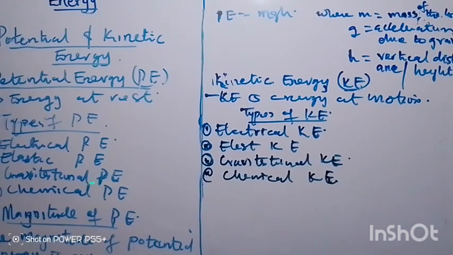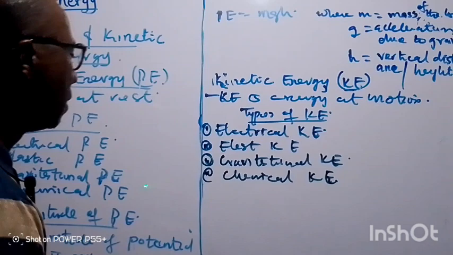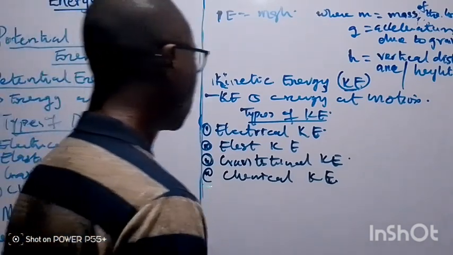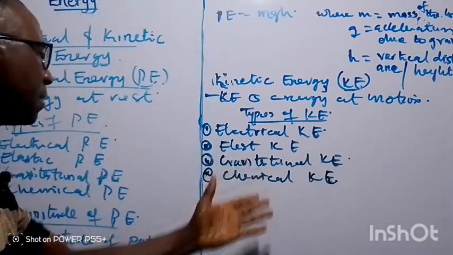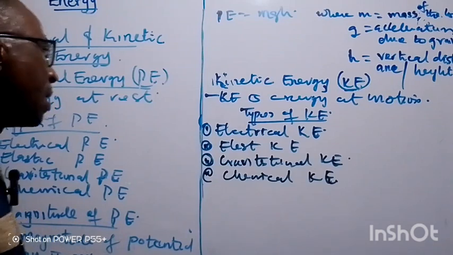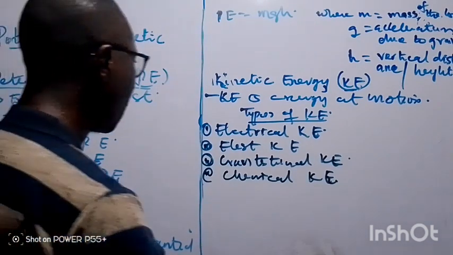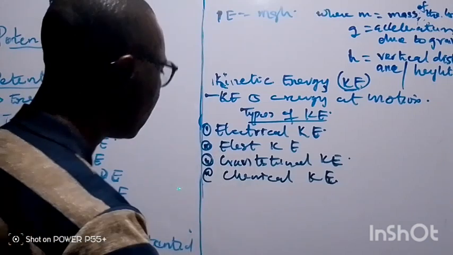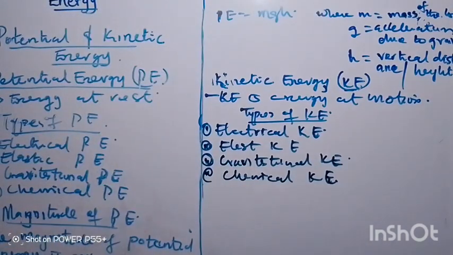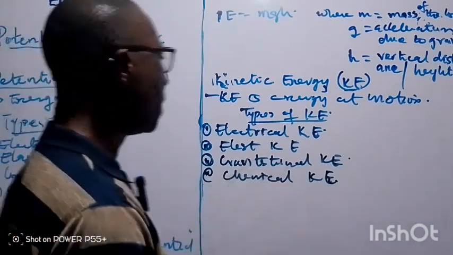For instance, when an object is undergoing a straight line motion, then we are going to have translational kinetic energy. When the object is rotating, like when you have charges rotating, then you have rotational kinetic energy. So it depends on the type of motion a particular object is undergoing.